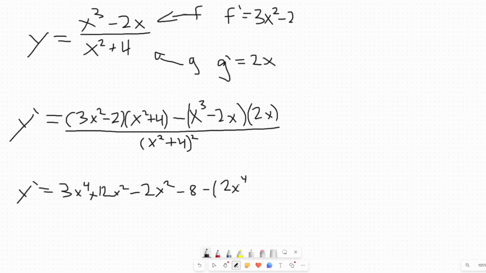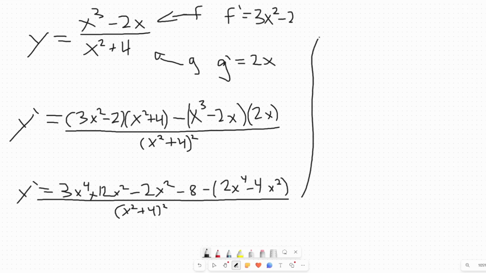And then minus 4x squared all over x squared plus 4, and then squared. Don't forget to square it either.